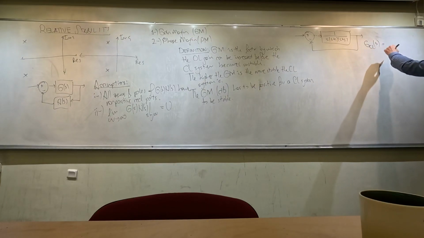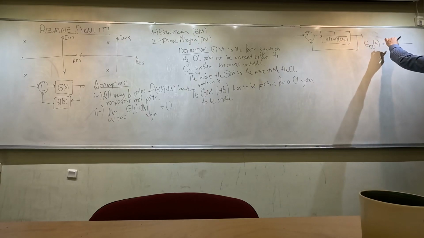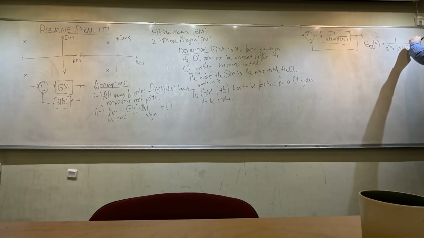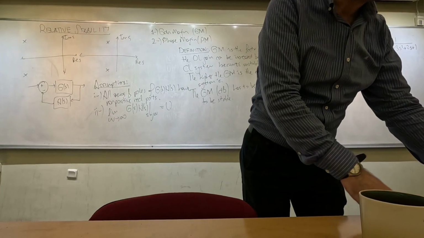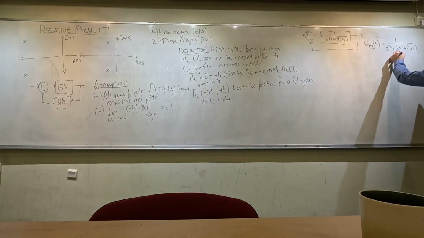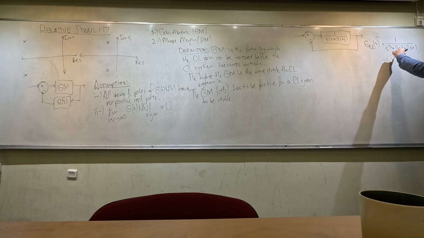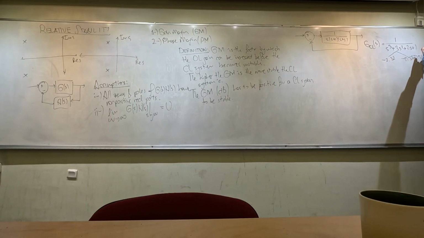G closed loop of s is going to be 1 over s cubed plus 3s squared plus 2s plus 1. Okay, so this is my system. And when I look at the closed loop pole locations, the roots of this polynomial are at minus 2.32 and minus 0.33 plus minus 0.56j.